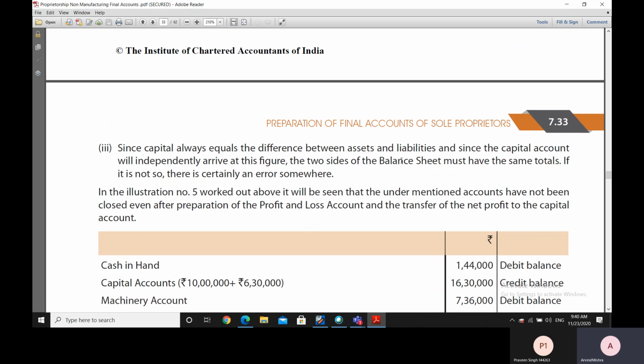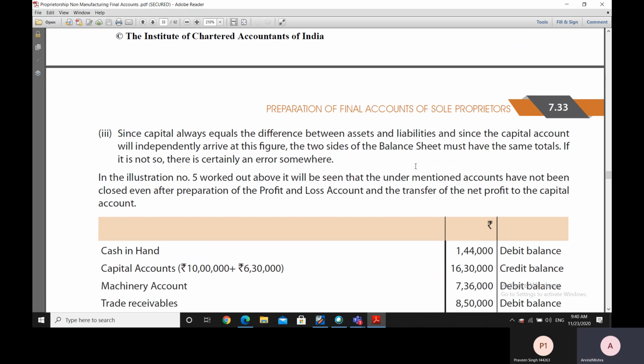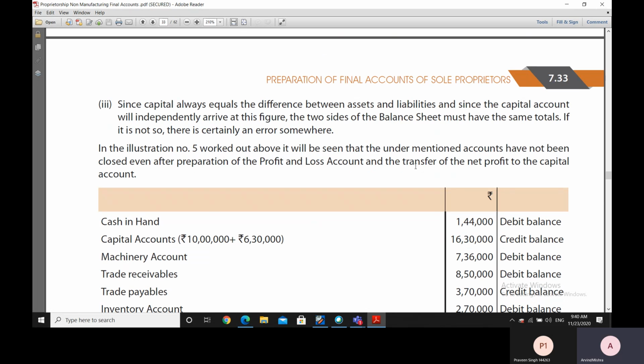So if we put the capital on the left side of the balance sheet, then both sides of the balance sheet should have the same total, because capital plus liabilities would be equal to the assets.